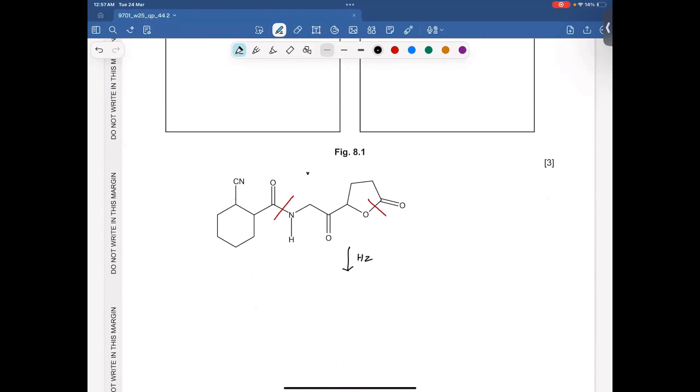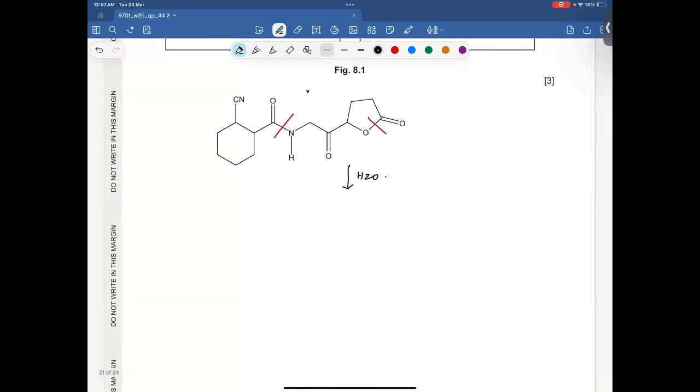So first of all, with water, I'll get 2 different products. This is CN. This is CO, and this is going to be OH.